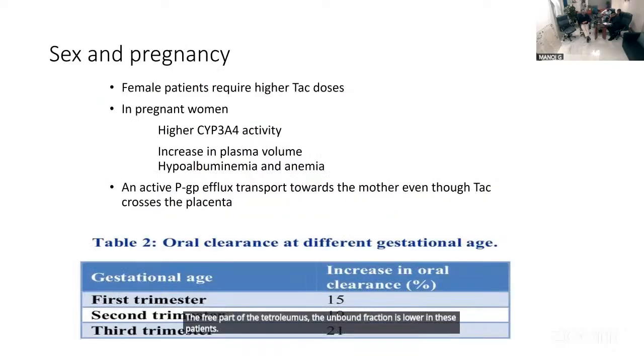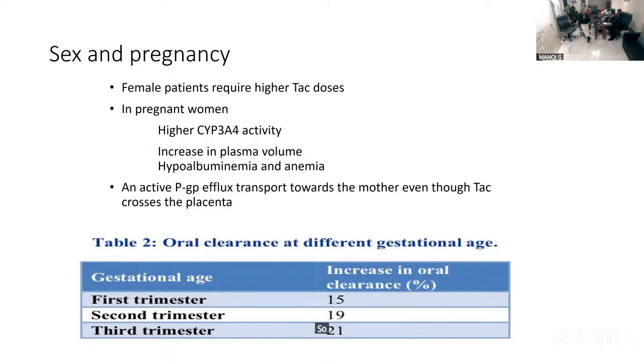Next is sex. Female patients require a higher tacrolimus dose because the CYP3A activity is dependent upon the estrogen levels. And that is the reason in pregnant women also, the estrogen released increases the CYP3A4 activity, and at the same time we have low albumin and anemia.